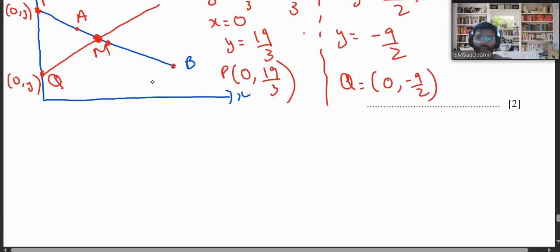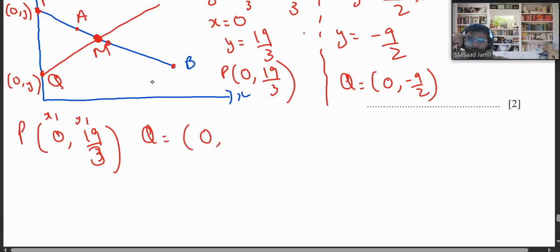So now we will write P over here, 0, 19 upon 3. You can say x1, y1, and write Q over here, 0, negative 9 upon 2, x2, y2. Now we have to find this distance. So what's the formula for distance PQ?